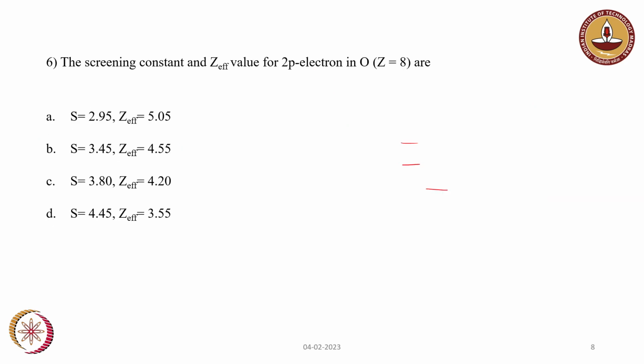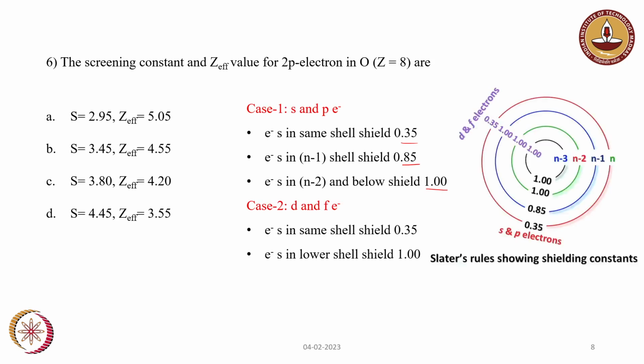So the next one is screening constant and Z effective nuclear charge calculation for a 2p electron of oxygen, and we have Slater's rule.